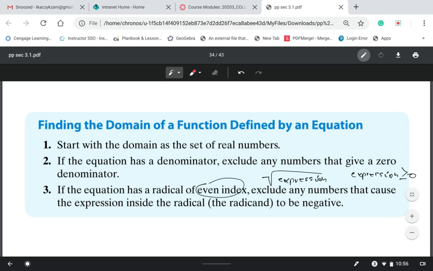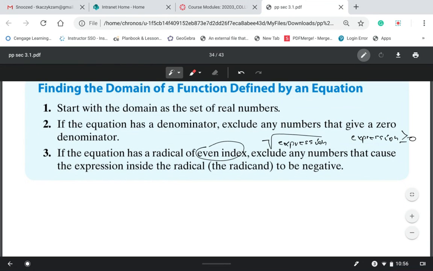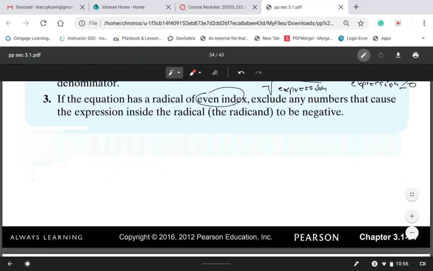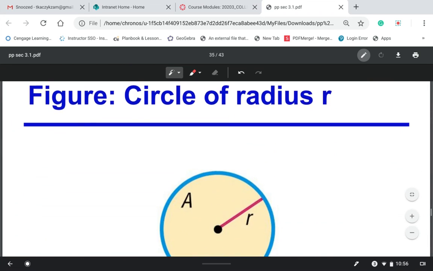Okay, and I also gave you information that for radicals with odd index, the domain is all real numbers.